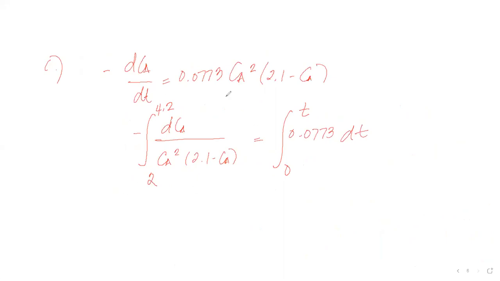Okay, so you process this side, you will have a value here. Then your right side would be 0.0773 t. You'll be able to get the t. Your t would be around 8.07 minutes.